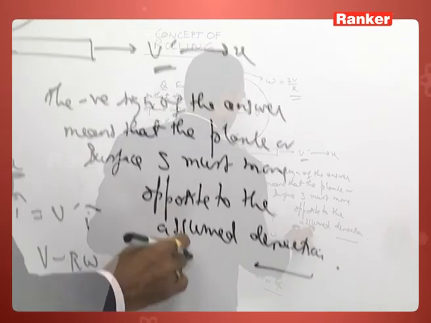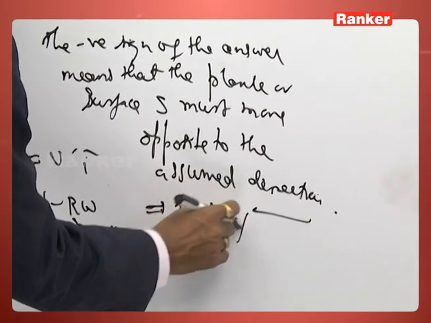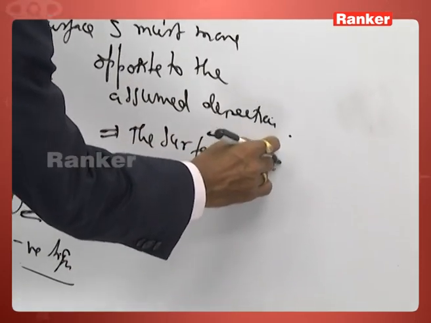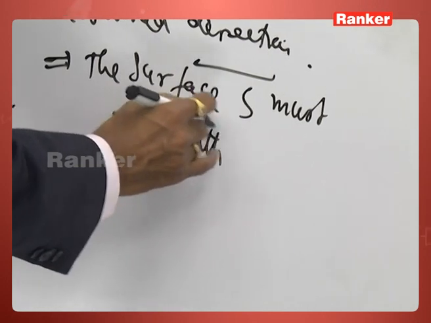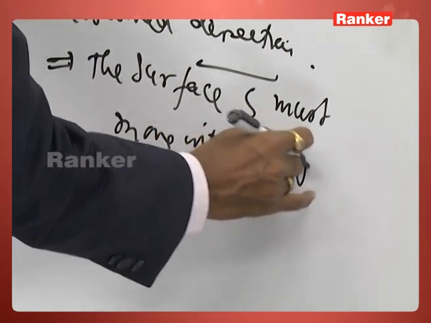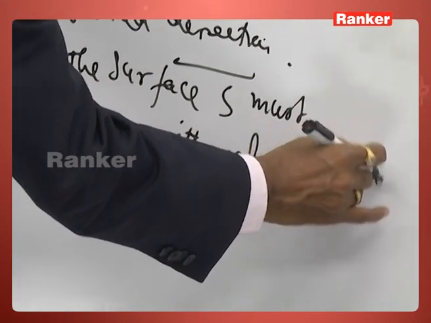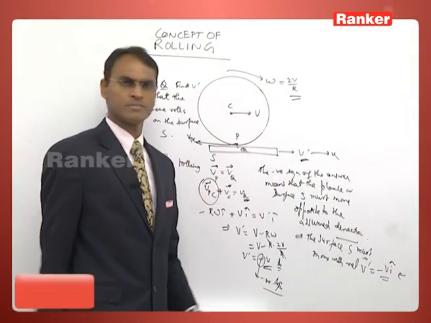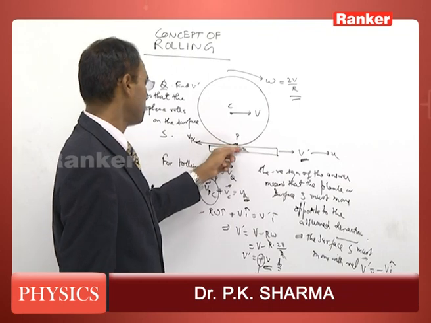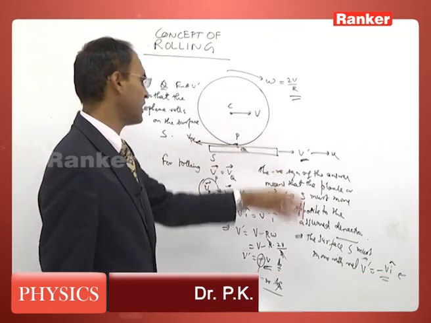Therefore, the surface S must move with velocity V dash equal to minus V i cap in the negative x direction. This surface should move in this direction, not in this direction.